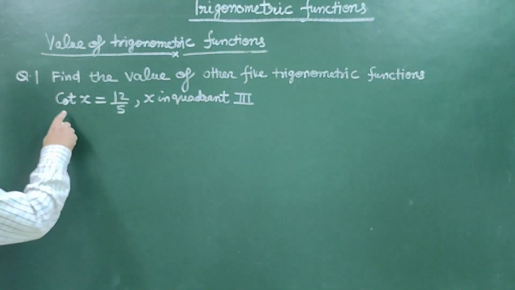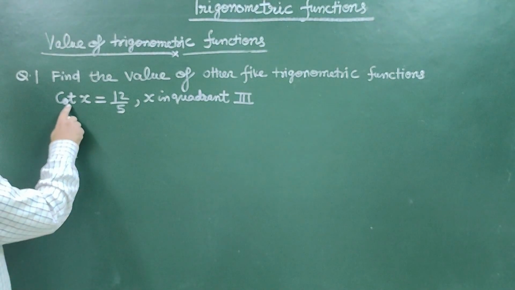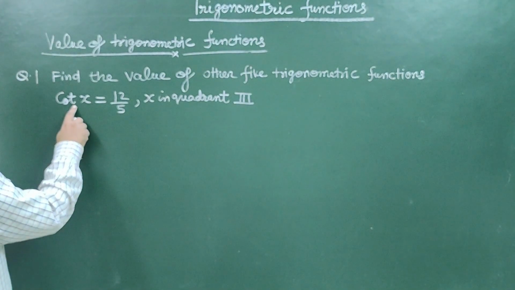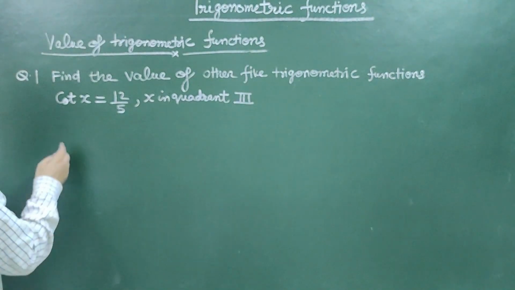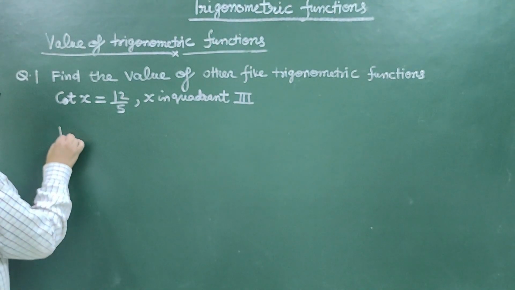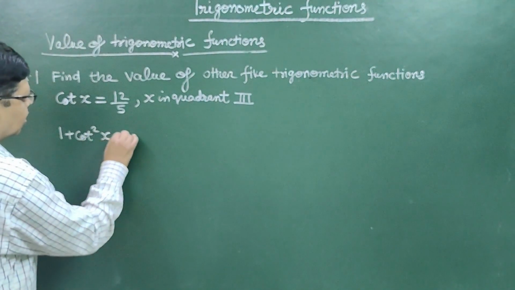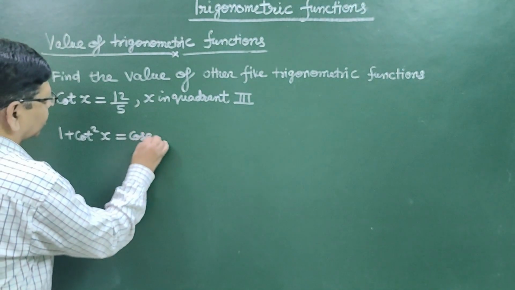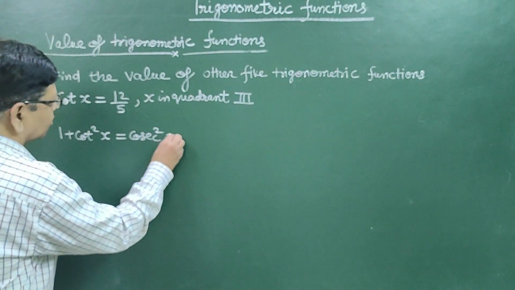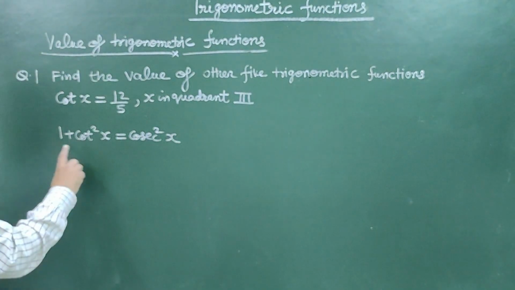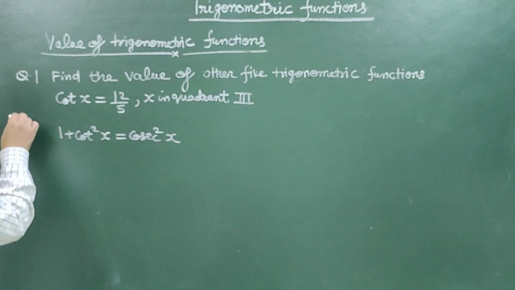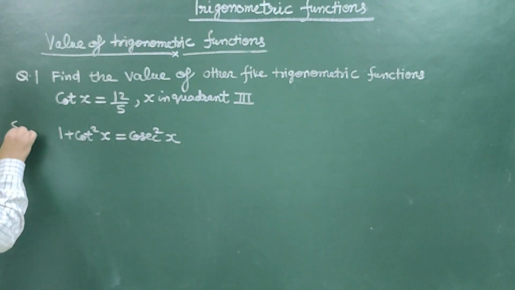Now let us write an identity which contains this trigonometric ratio cot x. So we have the identity 1 plus cot square x is equal to cosec square x, or cosec square x minus cot square x is equal to 1.